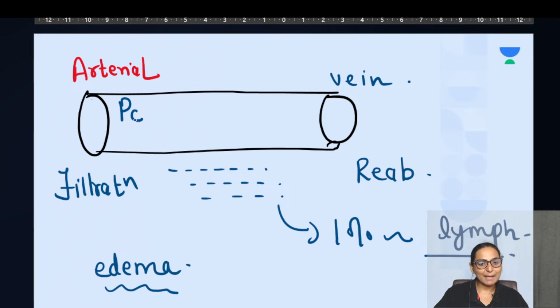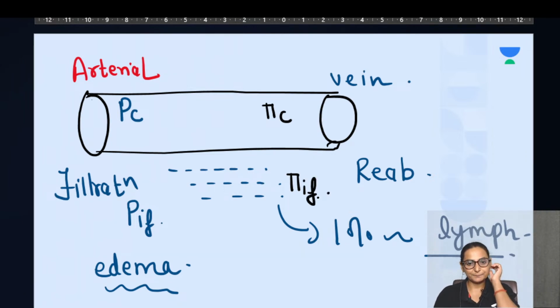C stands for capillary, and there will be the interstitial fluid hydrostatic pressure. Similarly, there will be colloidal osmotic pressure of the capillaries and colloidal osmotic pressure of the interstitial fluid.